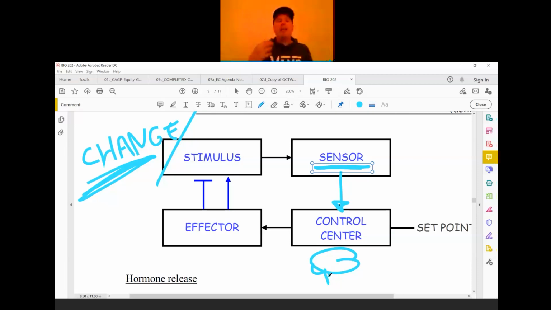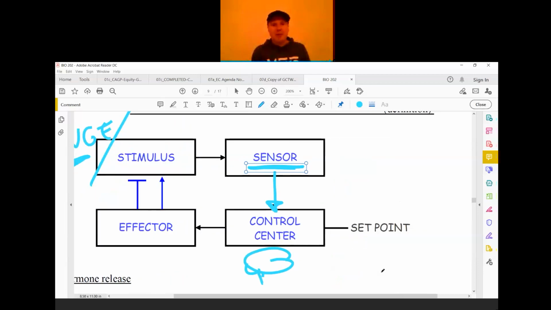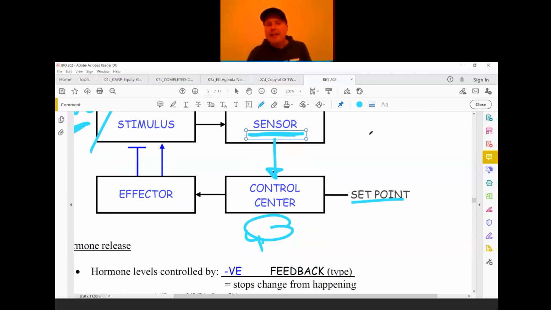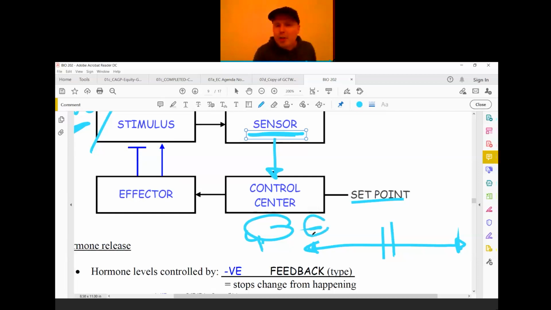Within the brain, we give meaning to this change, this stimulus that we've seen. And within the brain, we often see a set point, which is the range of acceptable normal values. Let's take temperature as an example. We can have very cold temperatures and very hot temperatures. Your body temperature is roughly 37 degrees Celsius.